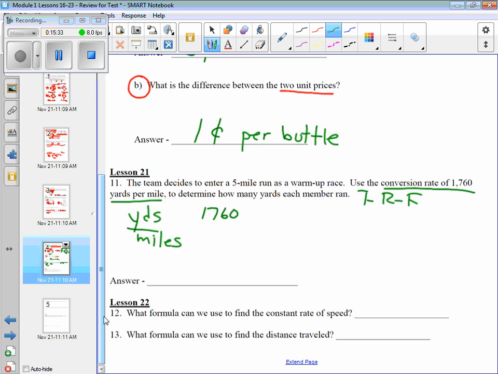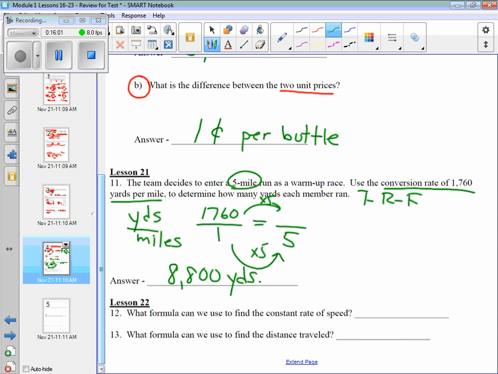Whenever you see per mile, we're talking about per single mile, per one. And we've got to figure out how many yards in 5 miles. We multiply by 5. Same thing to the top. And you get 8,800. And that's yards.